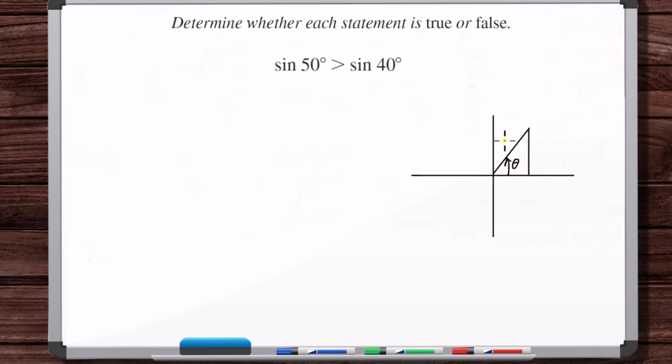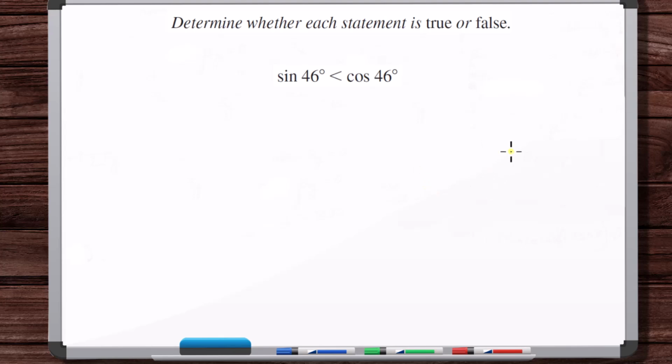As theta gets bigger, you're getting a larger ratio. Like sine goes from 0 when theta is equal to 0 to 1 when theta is equal to 90. So this is true, right? As theta gets bigger, the y gets bigger. The proportion of y to the radius is getting bigger.